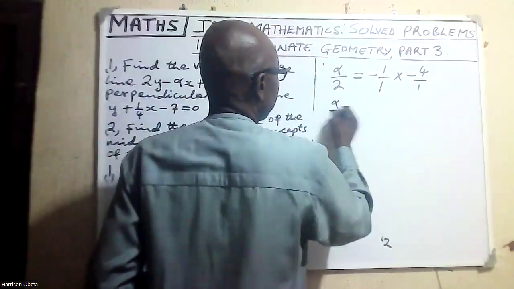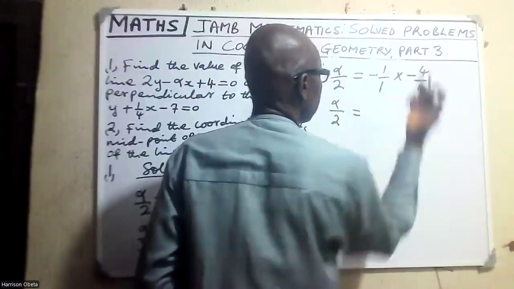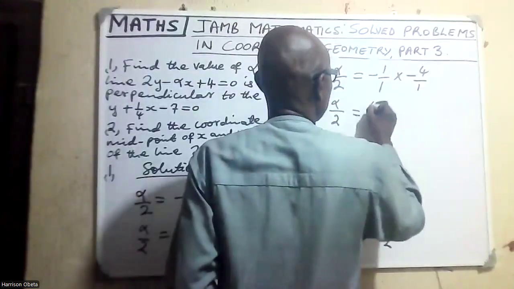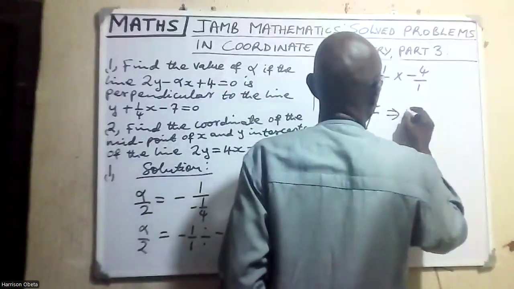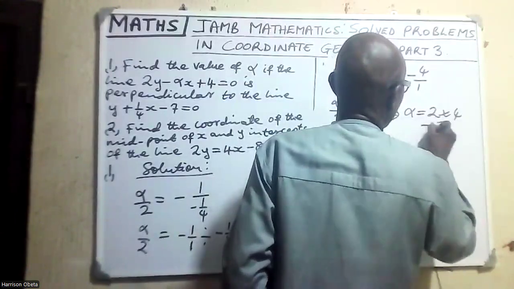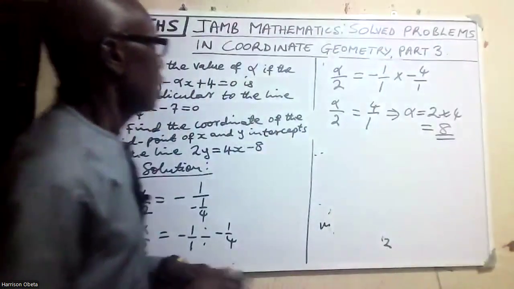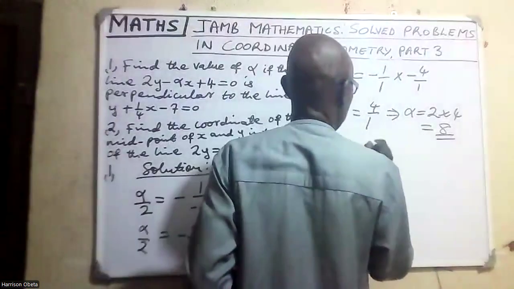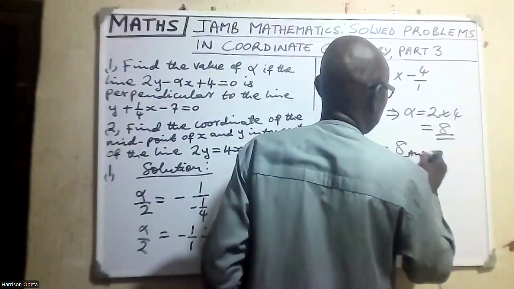And that means alpha over 2 is equal to, this and this will be plus, 4 over 1. That will lead us to alpha equal to 2 times 4, which is equal to 8. Therefore, alpha is equal to 8. And that's the answer to that.